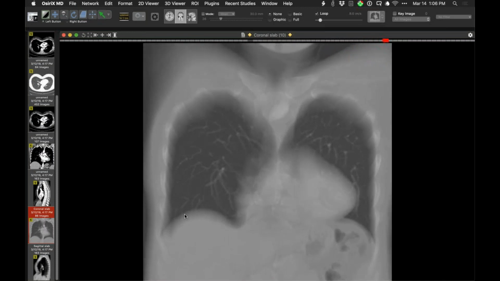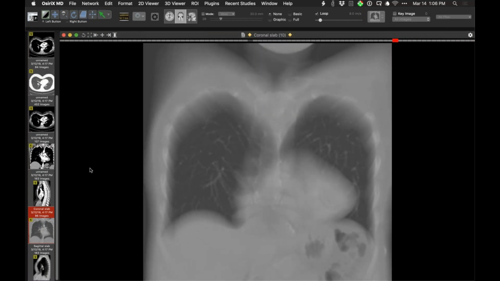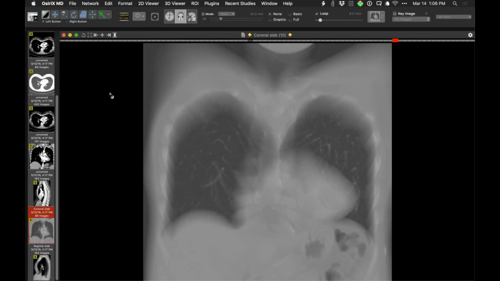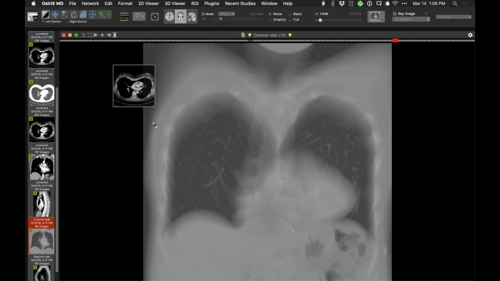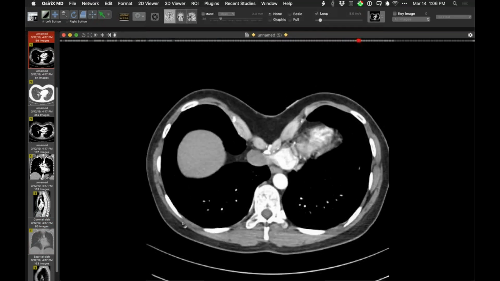And then going even further, just for fun, you'll see this rather air-filled cleft in front of the heart. And of course, this is a pectus excavatum deformity of the sternum. It is that severe.